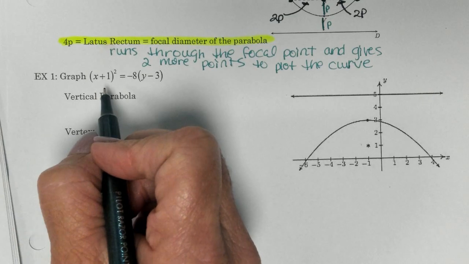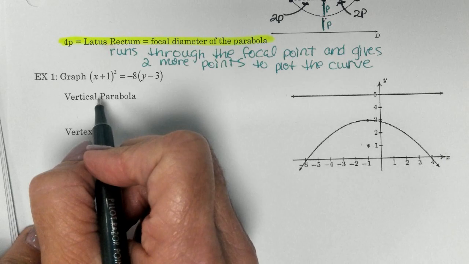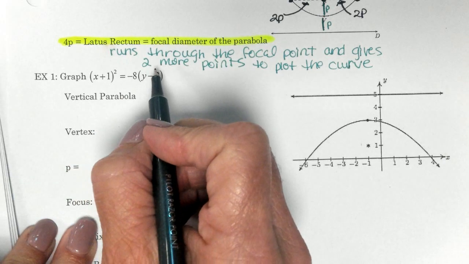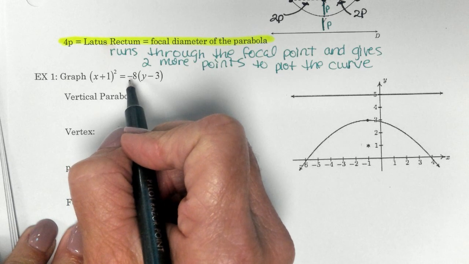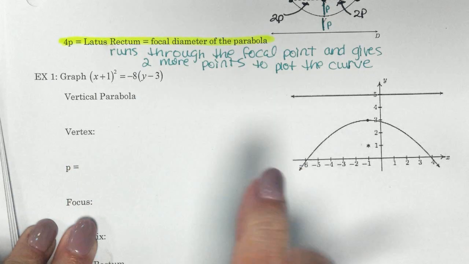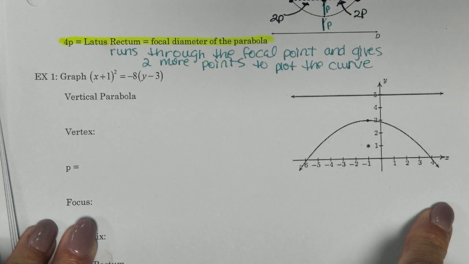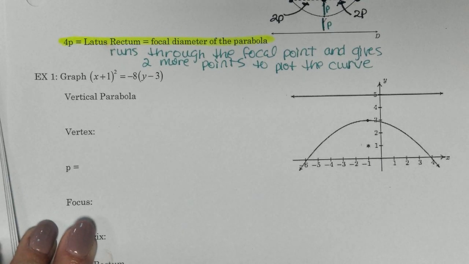Since that x is squared, we know we're going to have a vertical parabola. But I also want you to notice this negative coefficient out here. That's going to cause a reflection. So notice that it's vertical, but it is opening down. These are some key aspects that we have to be able to identify.